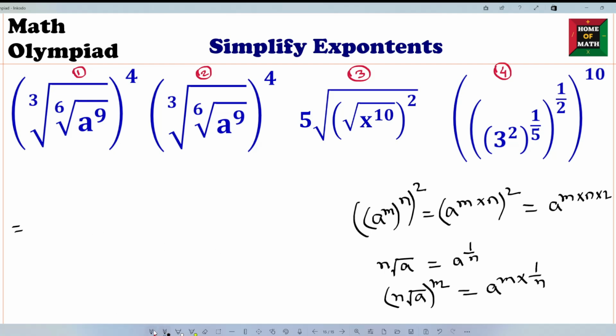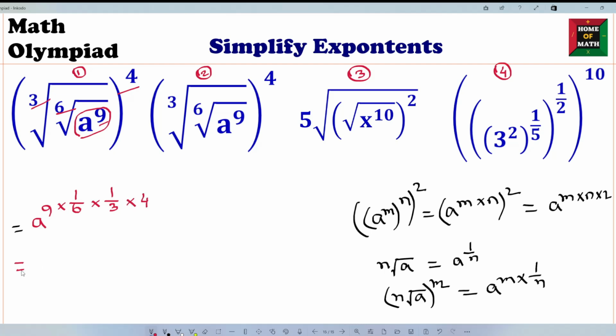Now look, here is the cubic root, here is the sixth root, and here is a to the power 9, and whole to the power 4. So first, a to the power 9, then to the power 1 divided by 6, again 1 divided by 3, and finally the whole power we can multiply by 4.